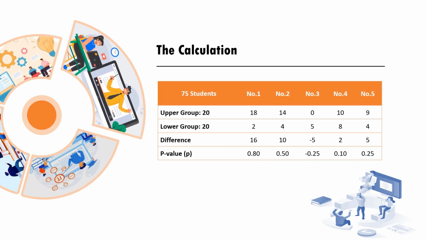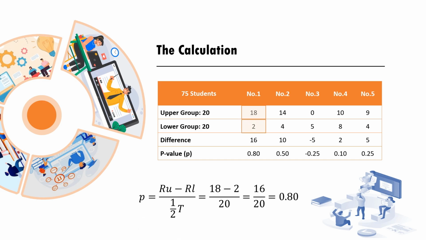Now we're going to jump right into the calculation. Suppose we have 75 students who have taken the test, and we have 20 students in the upper group and 20 students in the lower group. For item number 1, 18 students in the upper group got the item correctly, and 2 students in the lower group got the item correctly.